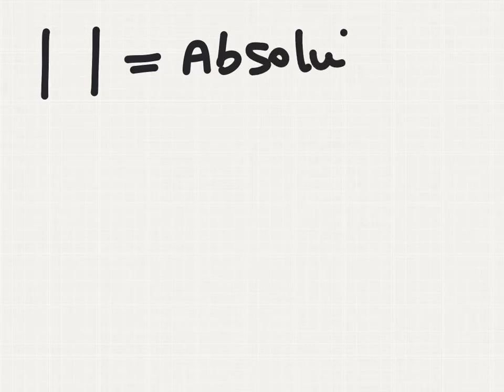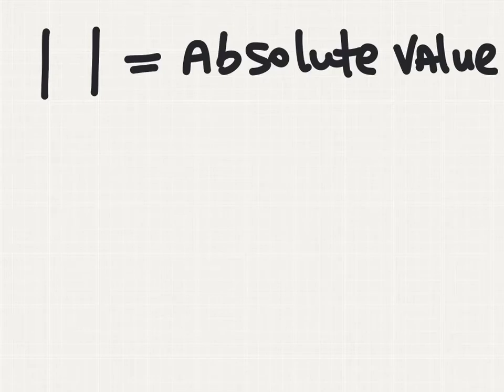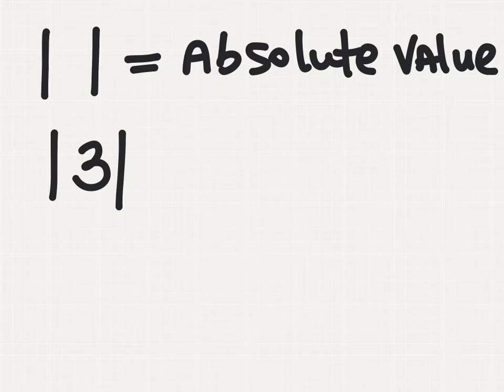2 vertical bars are used as the symbol for a request for absolute value. For example, this would be a request for the absolute value of 3, while this would be a request for the absolute value of -4.